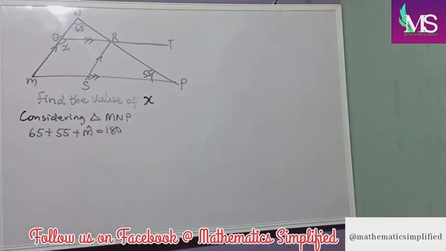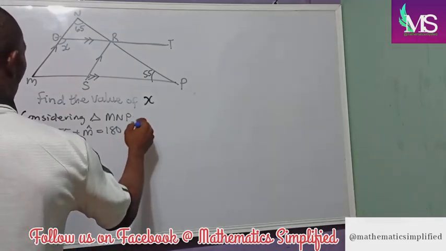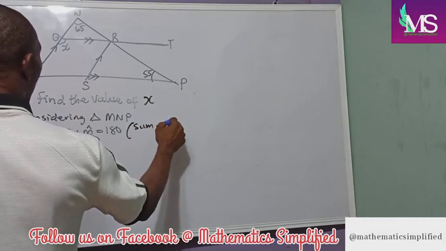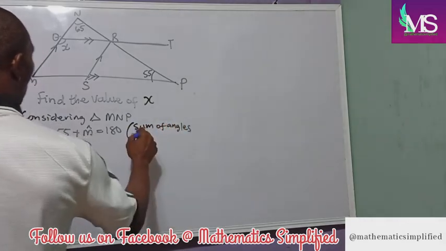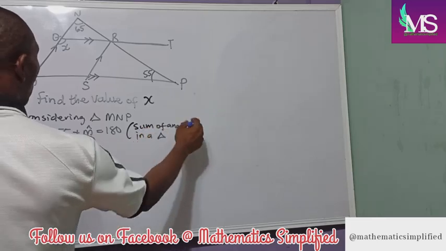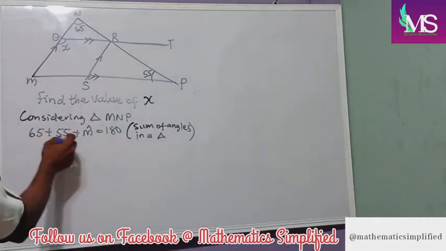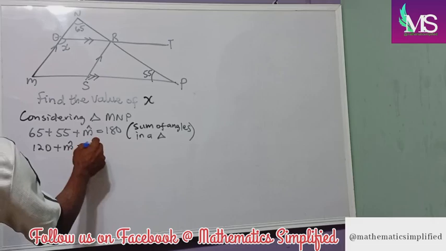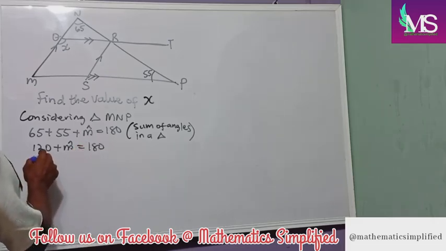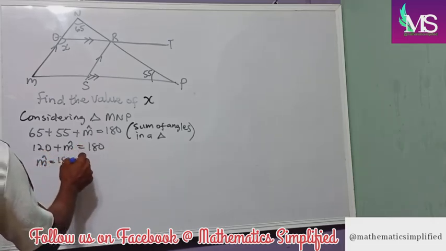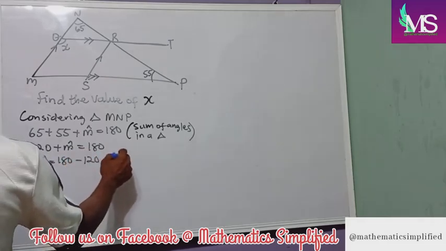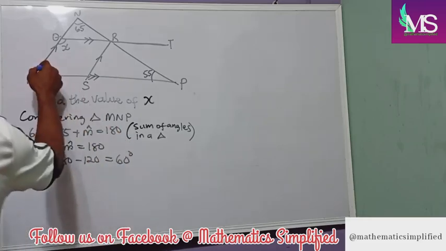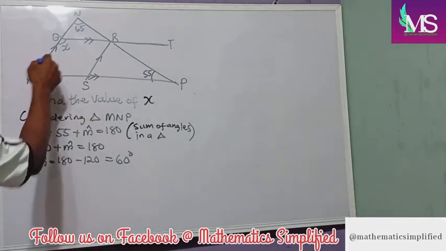We all know that the sum of angles in a triangle is equal to 180. So this will give us 120 plus angle M equals 180. So angle M equals 180 minus 120, which will give us 60 degrees. That means this angle is 60 degrees.